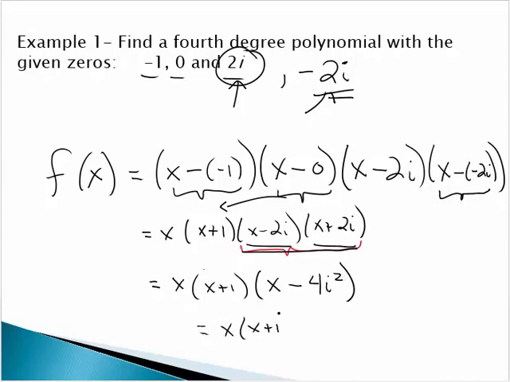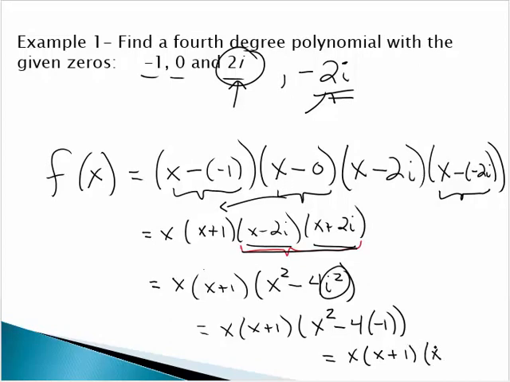Remember that i squared is -1, so that's x squared minus 4 times -1. And finally, I have my factored form that doesn't have complex numbers in it: x times x plus 1 times x squared plus 4.